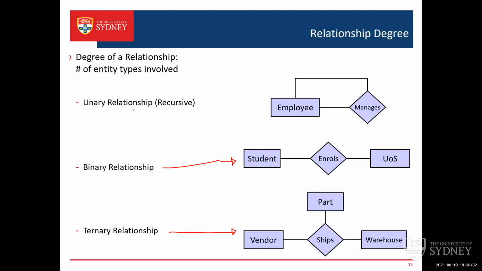What is unary relationship? So employee manages employee. So in the employee table, I have one employee, a special type of employee, right, who is a manager. So do I want to store manager information in a different table? Probably not, because a manager is also an employee, right?